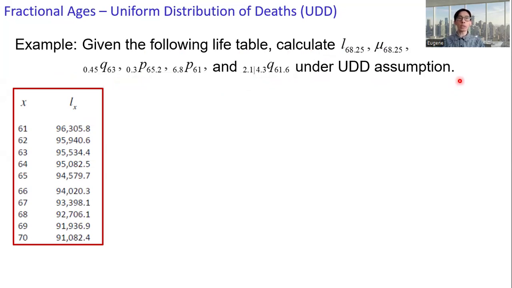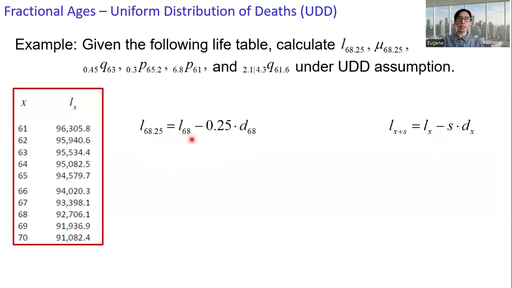Okay, so the first quantity, L68.25. We are dealing with fractional age, and this fractional age here is 68.25, where s equals 0.25. So we have lx minus s times dx. We are working with L68.25.